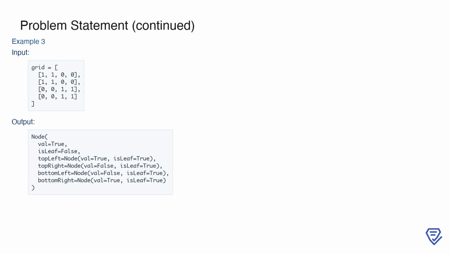The top right quadrant contains all 0s, so it's a leaf node with val equals false. Similarly, the bottom left quadrant is a leaf node with val equals false, and the bottom right quadrant is a leaf node with val equals true. This example demonstrates how larger grids are recursively divided into smaller quadrants, with leaf nodes representing uniform regions.